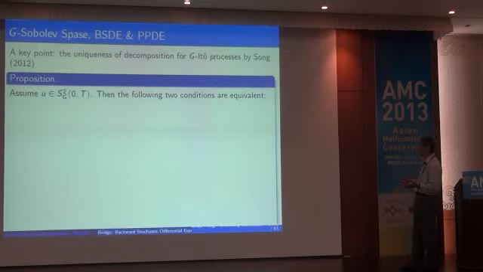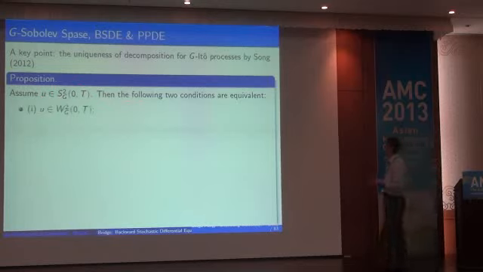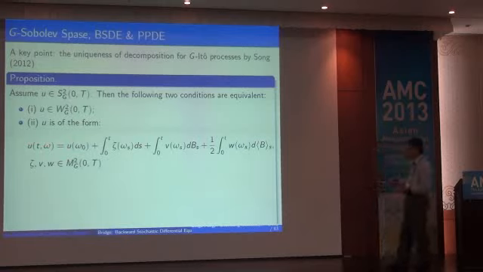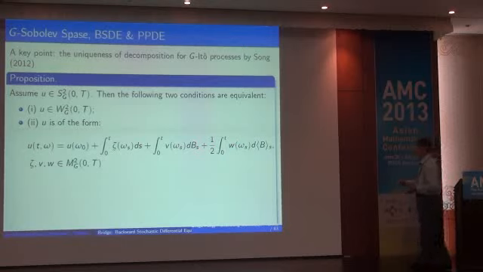And we have the following proposition. We just assume that the process U is defined here, and then the following two conditions are equivalent. The first one is that U is already in this W2G space. The second one is that this U can be written like this, like the Ito process.